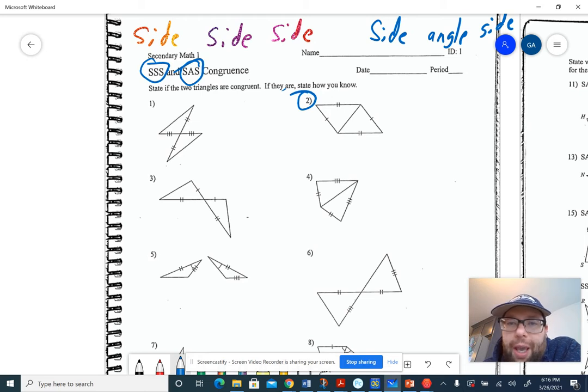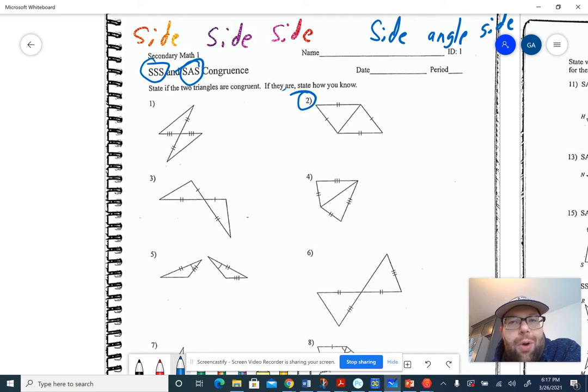Number 2, we have these little tick marks that mean they are congruent sides, right? The one tick is congruent with the one tick. So if I were to say this side was 10, then I know this side is also 10, right? So those little tick marks mean that they're congruent or equal to each other. Same with the double tick. I know that these two ticks are congruent to this one with the two ticks. So I know I have two sides that are equal to each other.